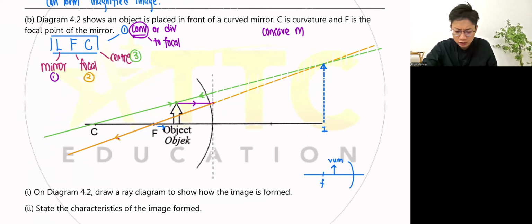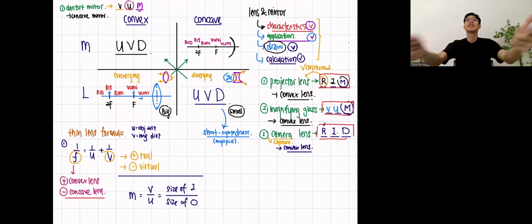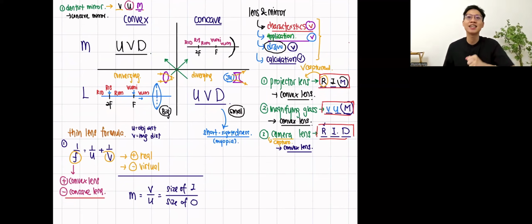Okay, so guys, we will go back to my page here. In 1.5 hours, the seminar 1.5 hours already, we managed to finish convex lens, concave lens, convex mirror, concave mirror, characteristic, drawing, application. We even did one essay question, how to see the characteristics of image.